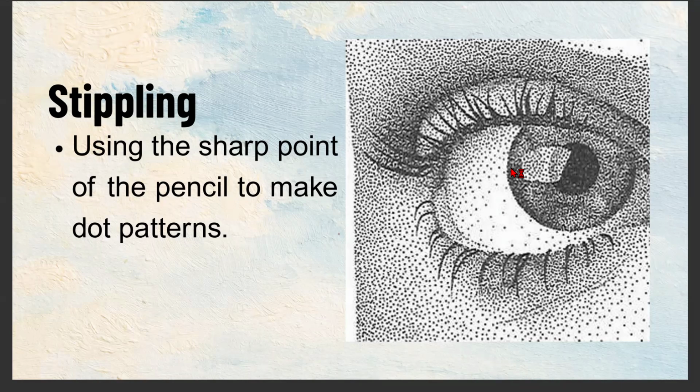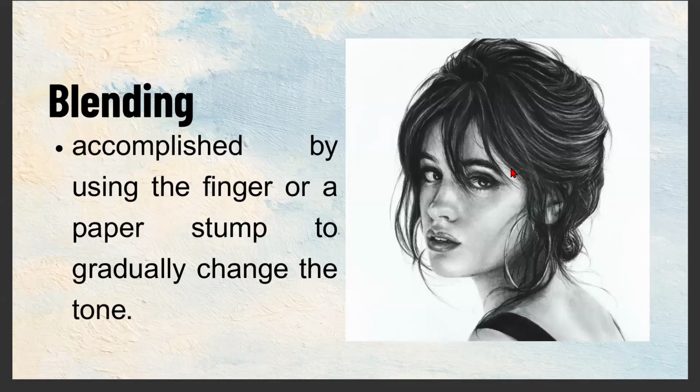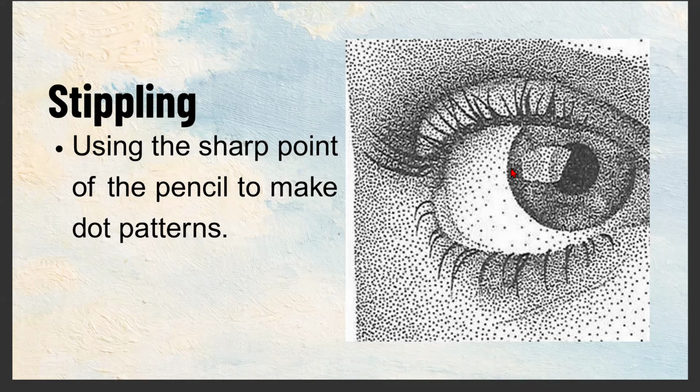Stippling creates a lot of texture, but one downside of using stippling as a shading technique is that it consumes plenty of time. As you can see, this is continuous dotted patterns to create a certain artwork like this.